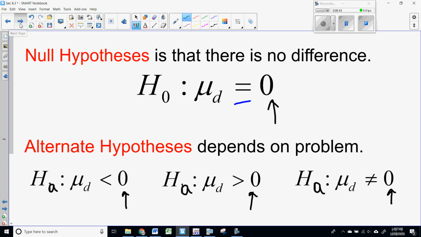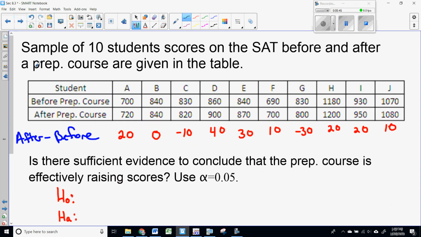So what you have to decide is, based on the way you subtracted, is it going to be greater than 0, or is it going to be less than 0? And that is going to depend on how you subtract. And you can do it either way.